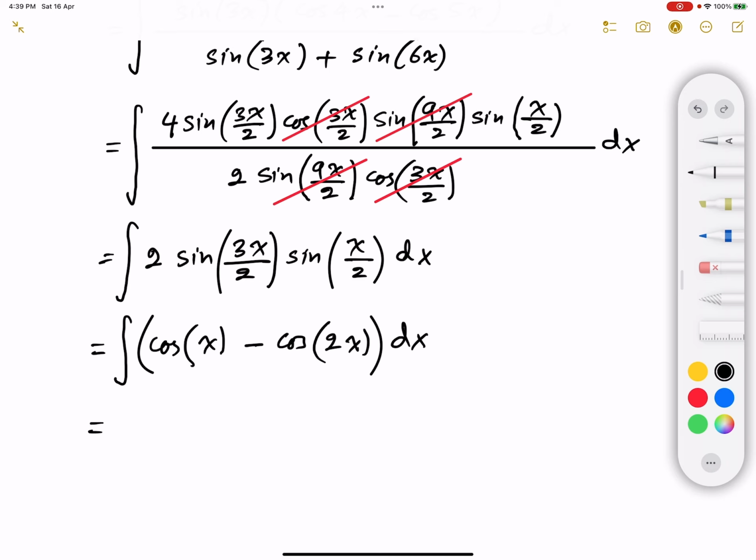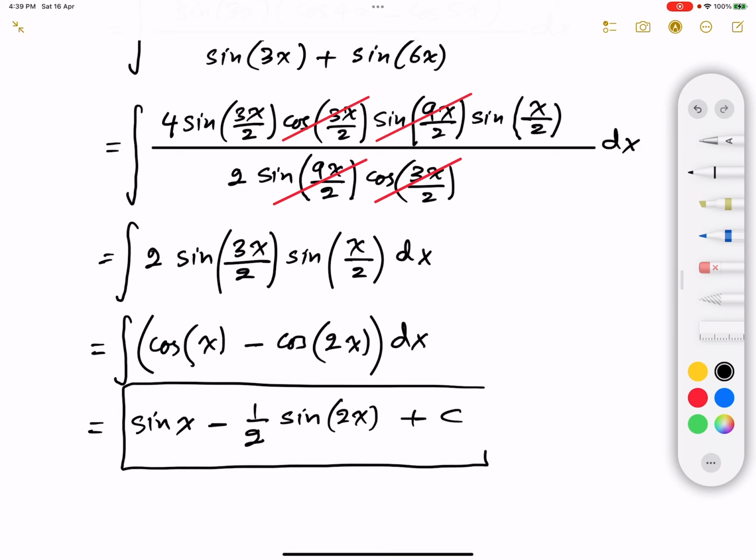The integration of cosine is sine x minus half sine twice x plus c, of course, and that is the final answer to this integral. I will put that in a box and highlight it as usual in yellow, and that's it.